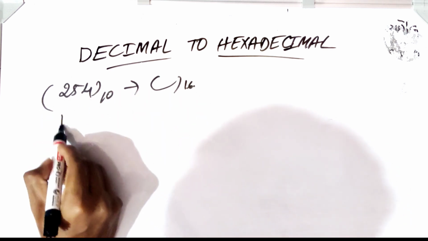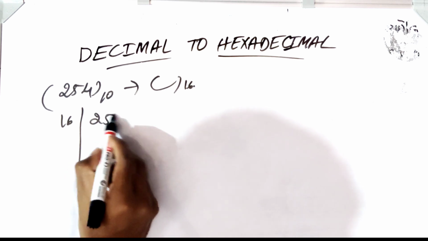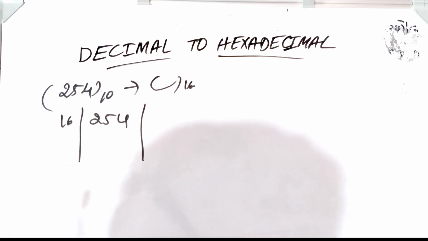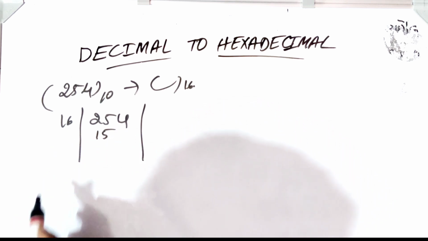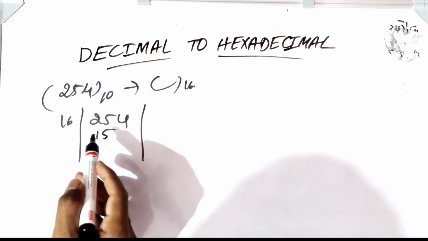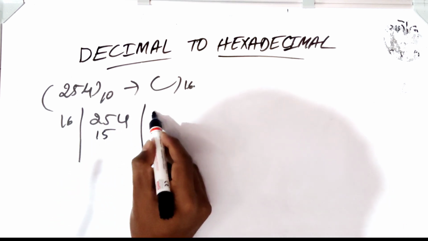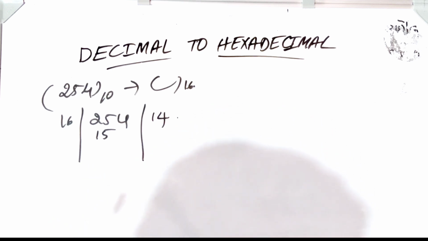Simply divide the number 254 by 16. 16 into 15 we get 240. That is the nearby number here. 254 minus 240 is 14, which is the remainder here.